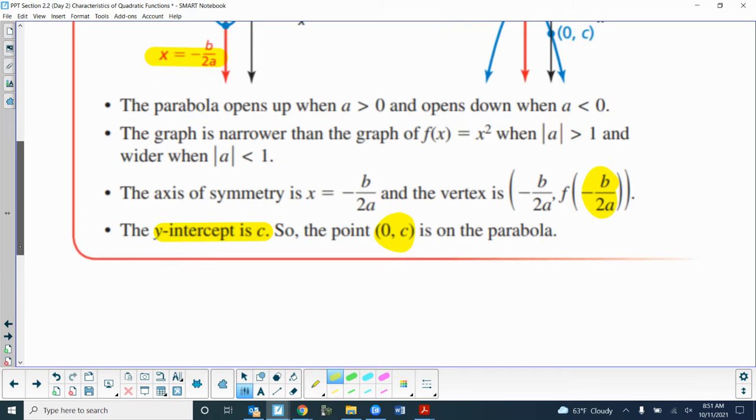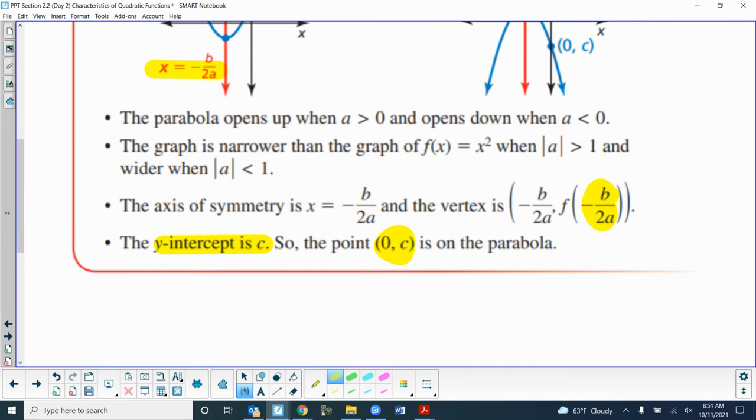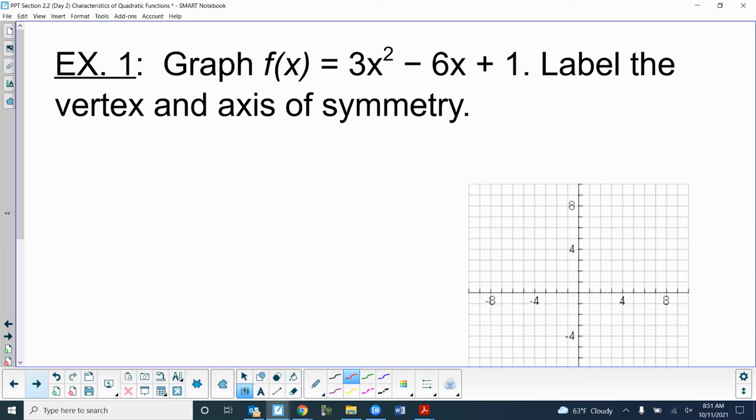Okay, so let's go ahead and look at an example. It says graph that function, label the vertex and axis of symmetry. All right, so to graph it, we need to figure those out first. I always like to find the axis of symmetry first when it's in standard form, using our formula. x equals negative b over 2 times a.